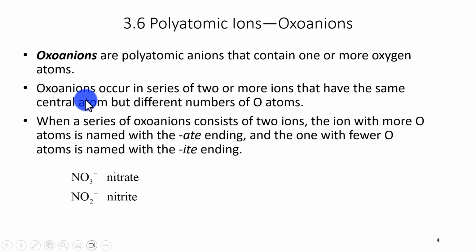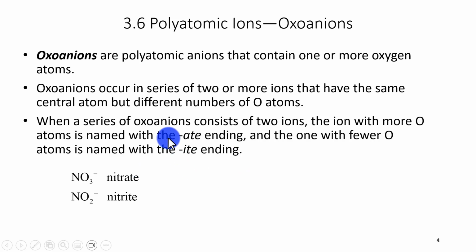Now, typically the oxoanions occur in a series. So it's not just one, they can have multiple oxygen atoms. You can have two or more in one series that have the same type of atoms, but they only differ in the number of oxygen atoms.